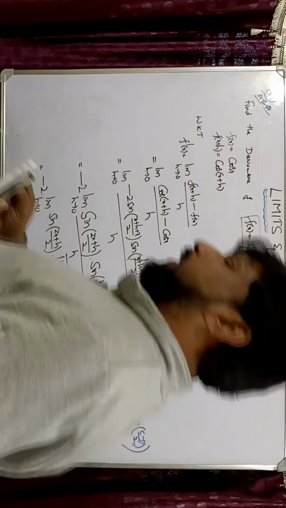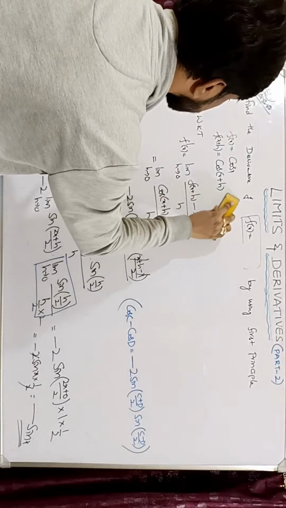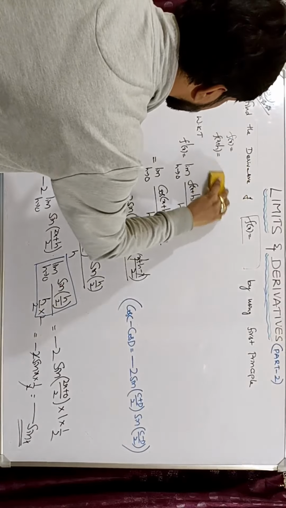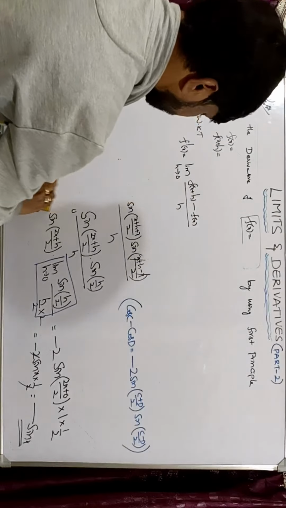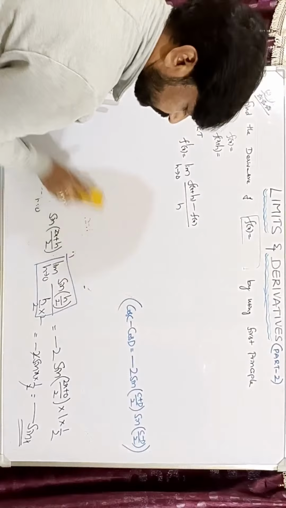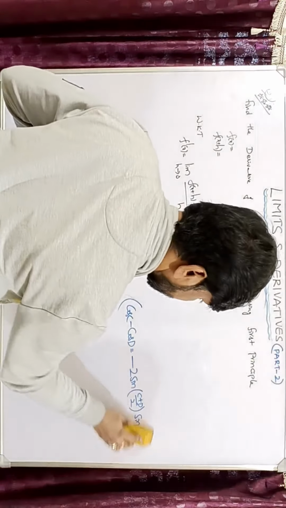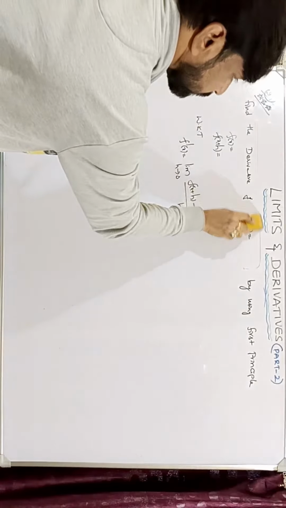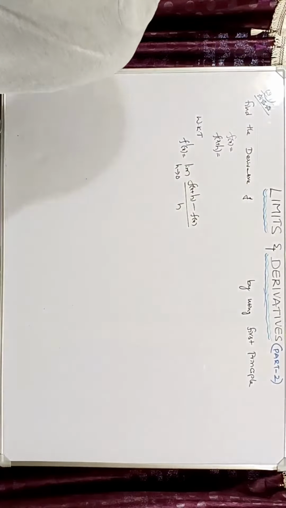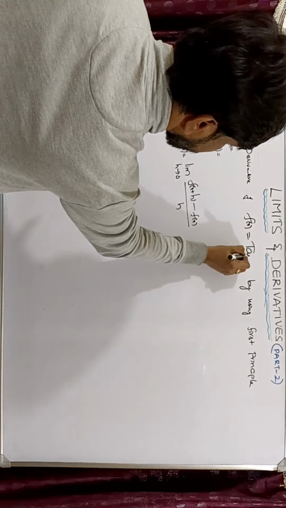Now let's move to tan x. f of x equal to tan x. The third question is f of x is equal to tan x.